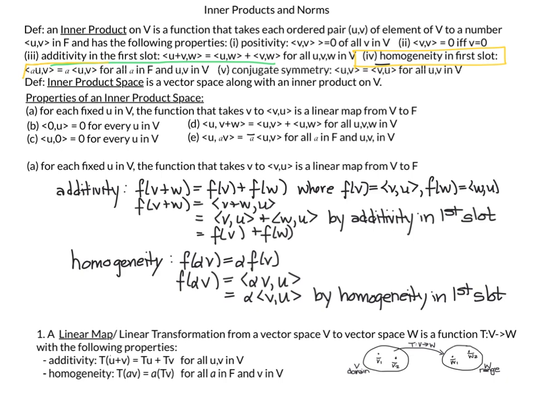Here's our property, homogeneity in the first slot. So this is going to equal alpha times the inner product of v and u, which by the definition of our function is equal to alpha f of v. So we have shown homogeneity and additivity, and therefore shown that the function that takes a vector v to the inner product of v with u is a linear map from the vector space V to the scalar field F.